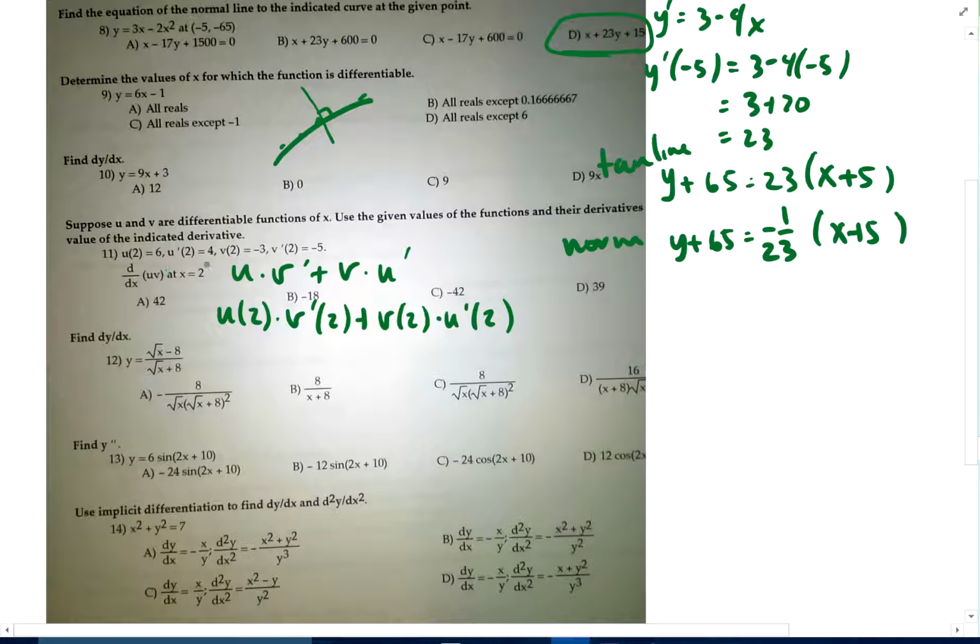So u of 2 is 6 times v prime of 2 is negative 5, plus v of 2 is negative 3 times u prime of 2 is 4. If you add those all up, you will get C, negative 42. It'd probably be easier for me just to do it than to look it up on the answers. So there we go on that one.